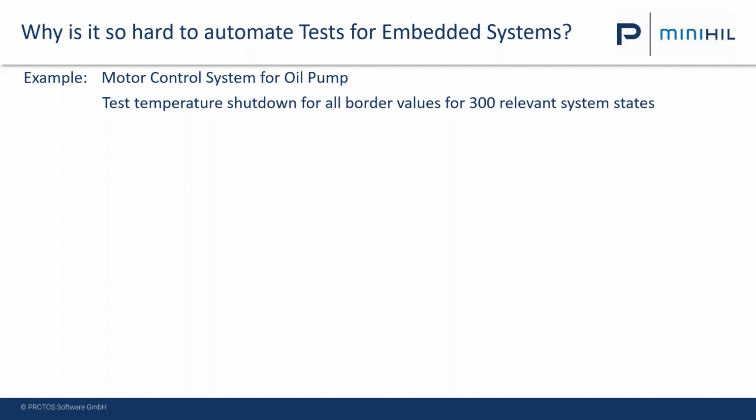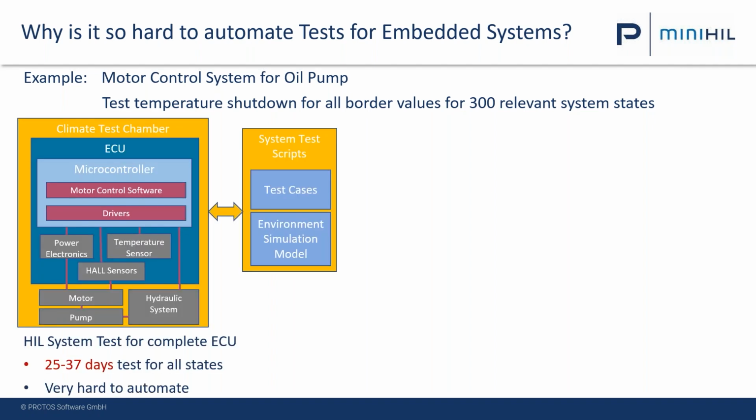The customer had before a test system with a climate chamber, a very big system. He put in the complete ECU with all the power electronics, with the motor, with the pump, with the hydraulic system. And the test stand was scripted with test scripts and test cases running on scripts.